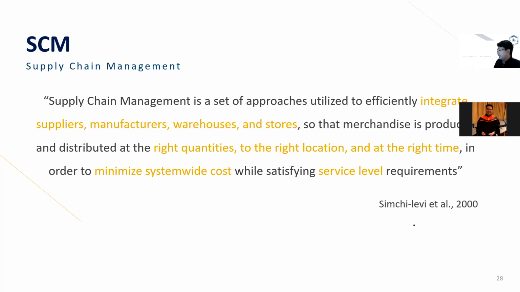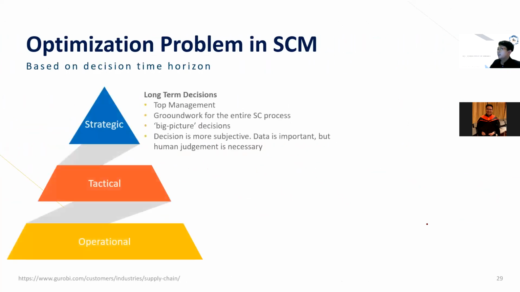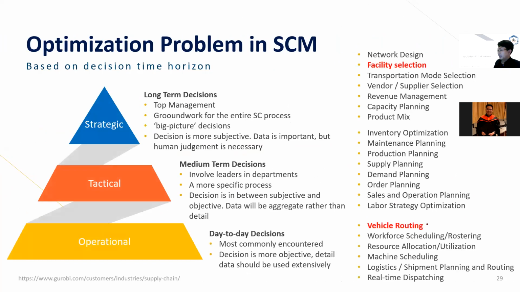But basically, supply chain is a set of approaches that integrate all the parties involved in delivering your products to the customer efficiently and effectively. This graph I also covered in the previous lecture.